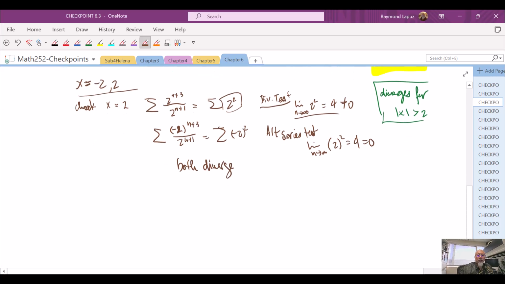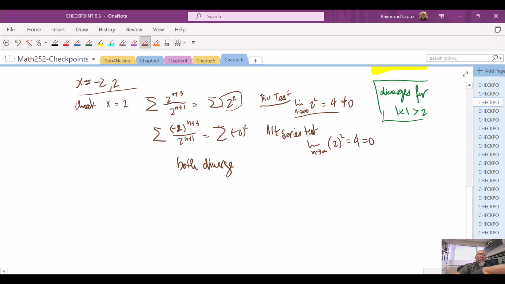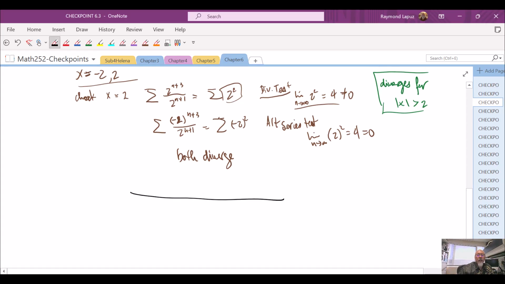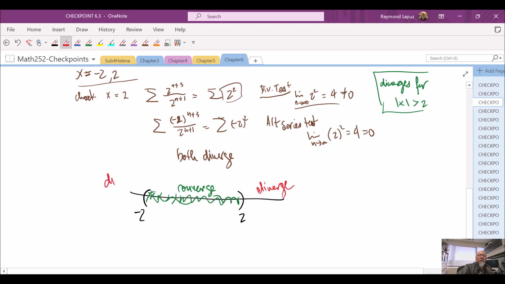So then your interval of convergence, again, drawing this number line is kind of neat. We have information at negative 2 and positive 2. We know that it's going to converge in here. We know that it's going to diverge out here. So that's by the ratio test.